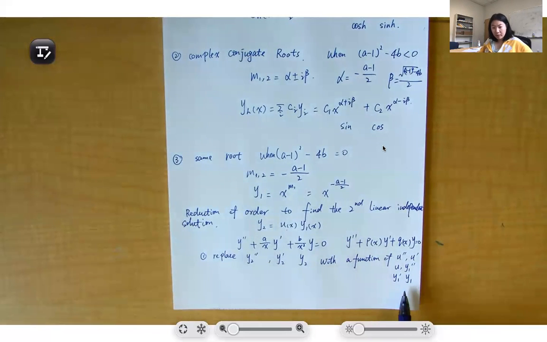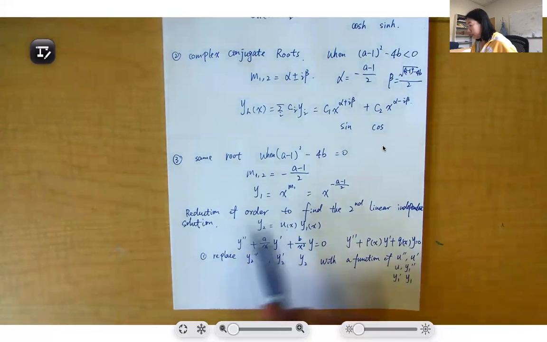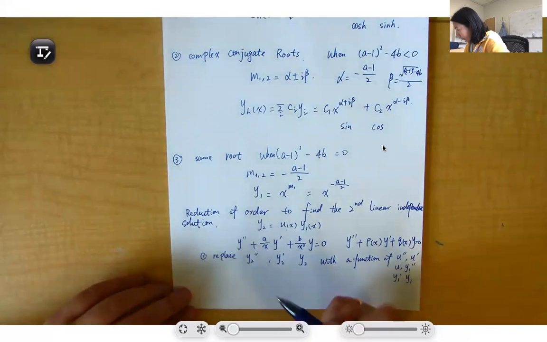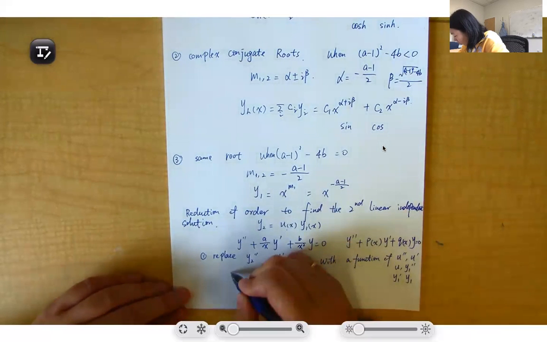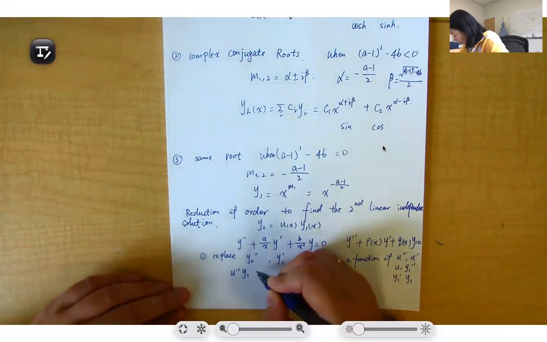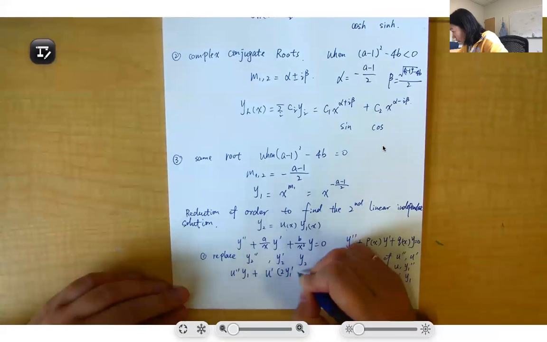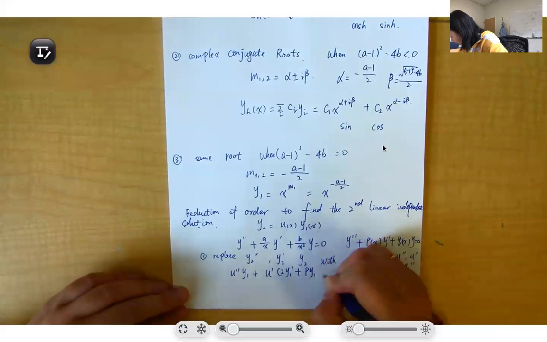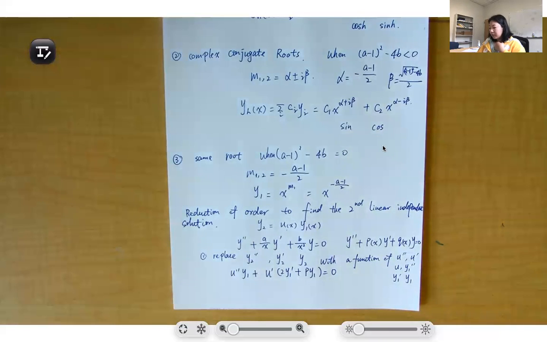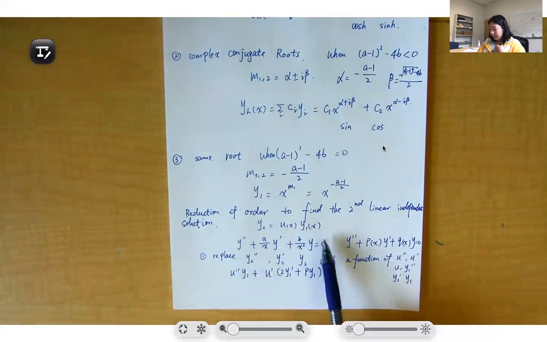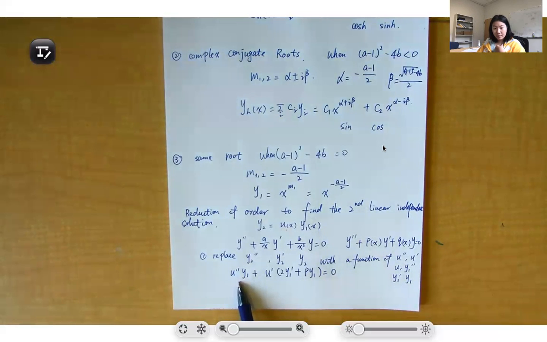So to construct our final solution, what you can get is basically u double prime y1 plus u prime (2y1 prime plus p y1) equals to 0. So after you replace these using u and y1 to fit into the original form, you get this linear higher order ODE in u.